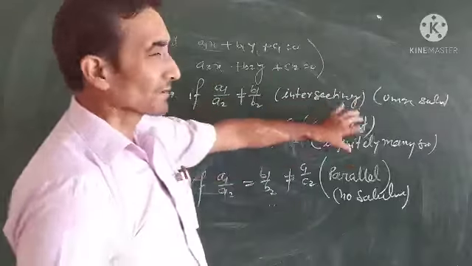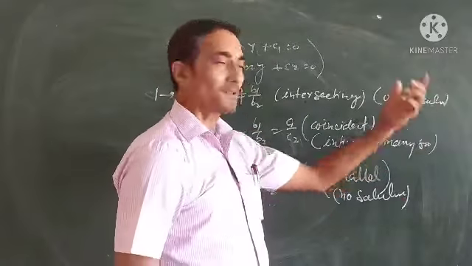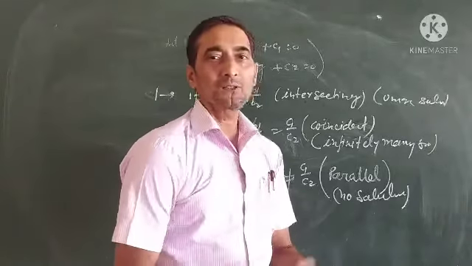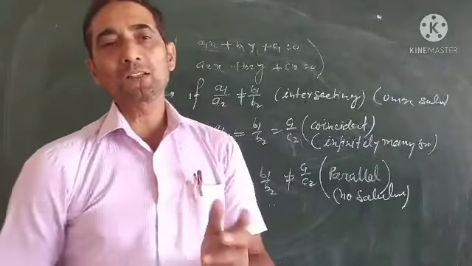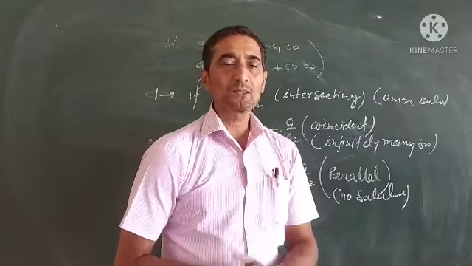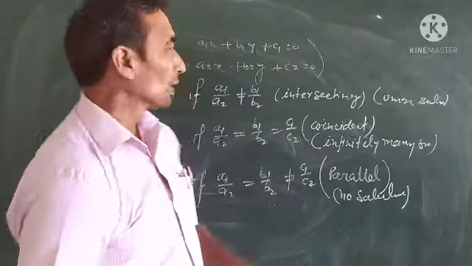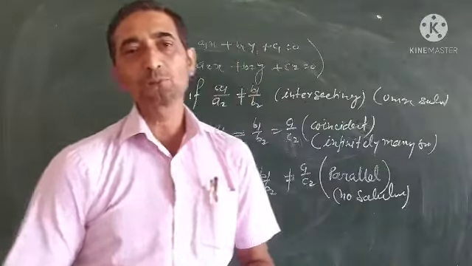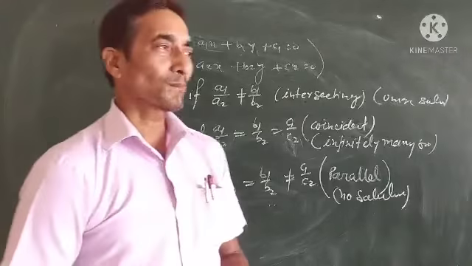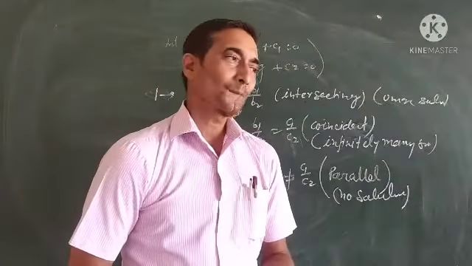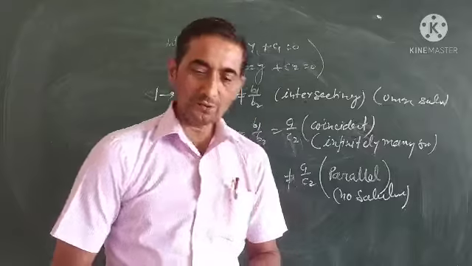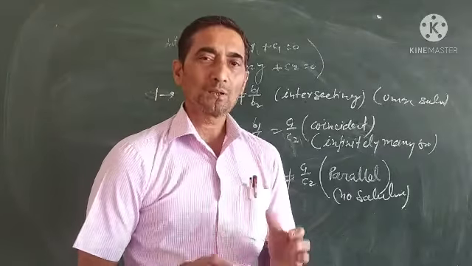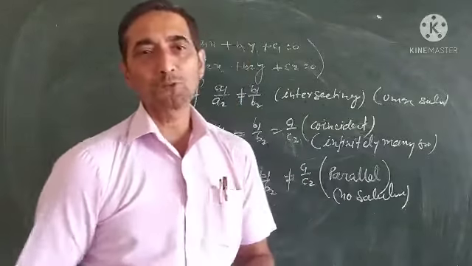If they coincide, we will get infinitely many solutions. If they are parallel, in that condition we will not get any solution of the given equations. So these are the three most important points for you. With the help of these points, you can easily check how your equations will behave.